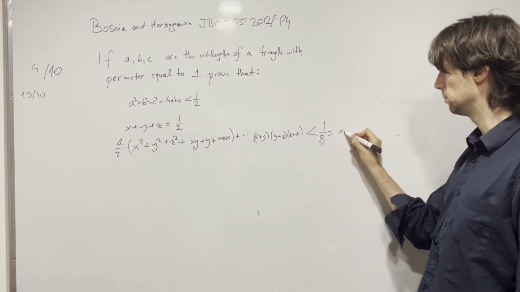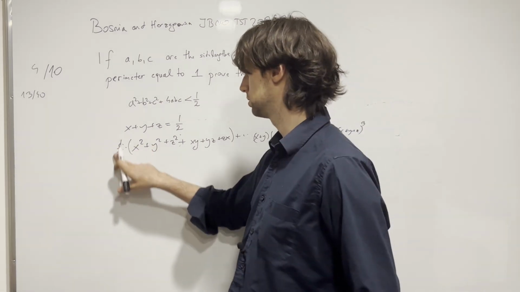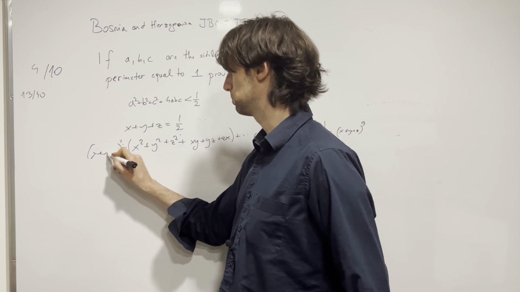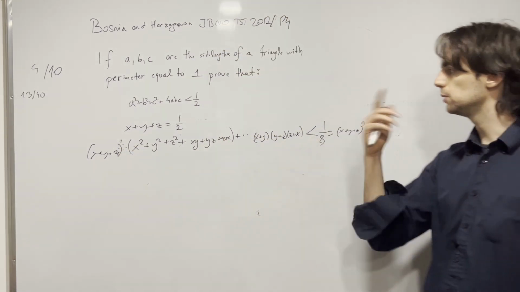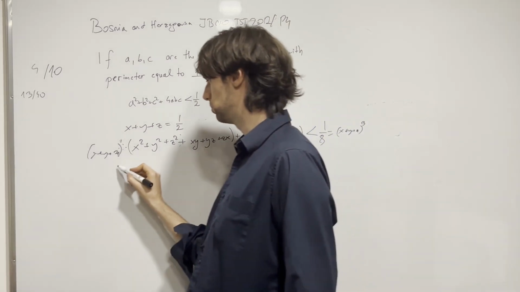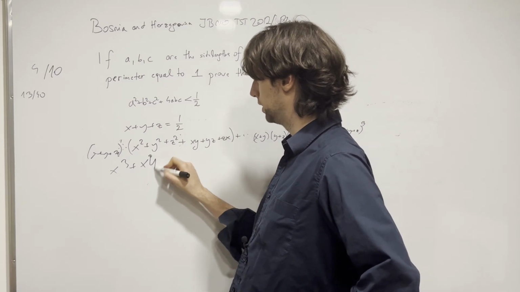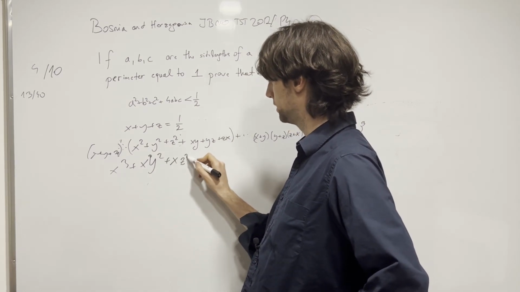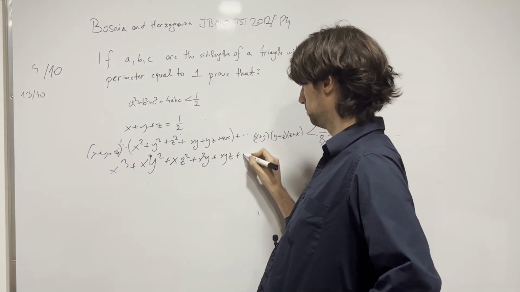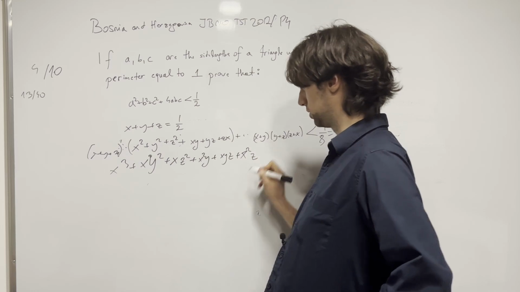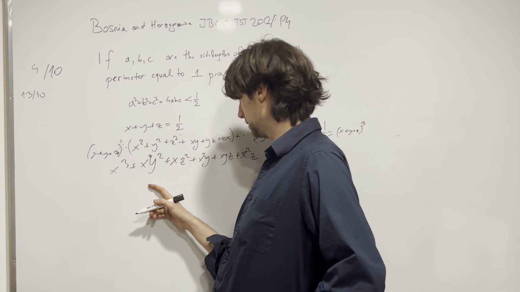So this is equal to (x + y + z) cubed, and this is equal to x + y + z. Now this needs to hold true. So how can we solve this? Well, this is equal to x cubed plus xy squared plus xz squared plus x squared y plus xyz plus x squared z, and then similar for y and z.